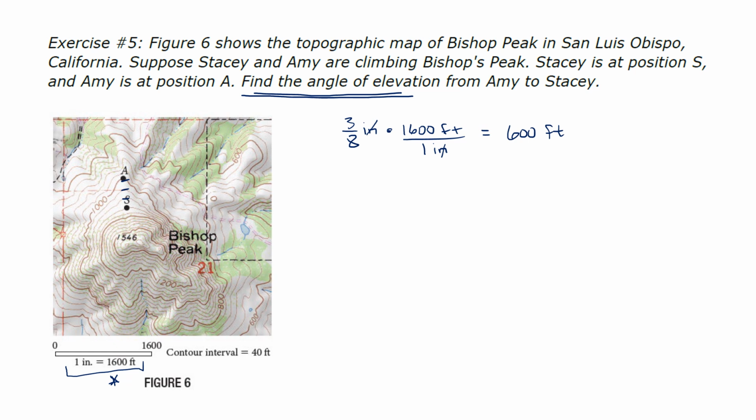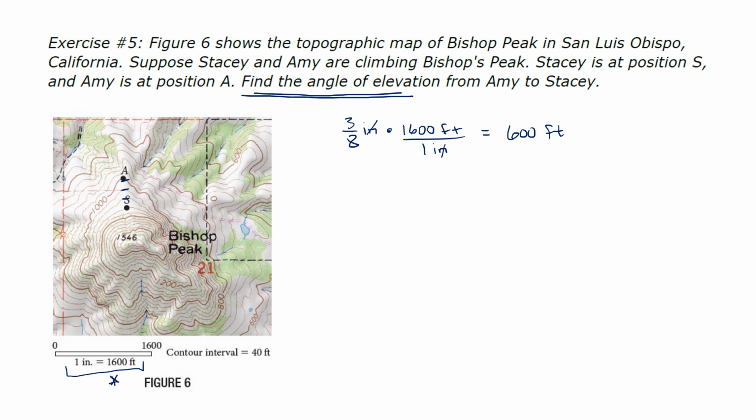So I know that the horizontal distance between Amy and Stacy is 600 feet. Okay, so now we need to find the vertical distance. I know the horizontal from this map, but I now need to find the actual vertical distance between them. Well, the number of contour intervals between them, remember, was 3.